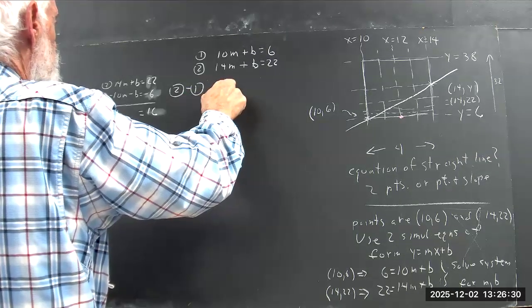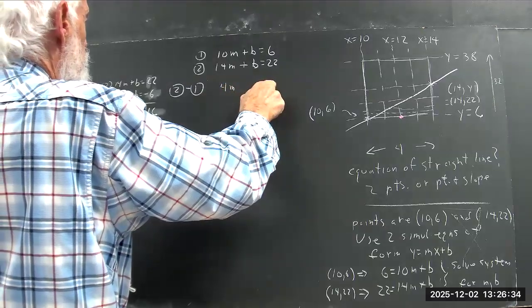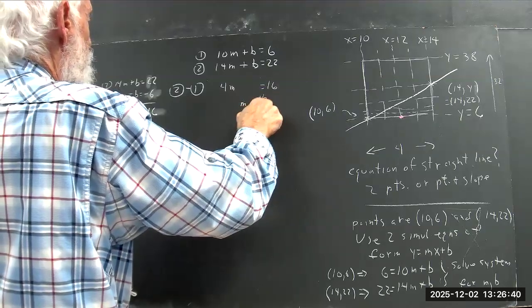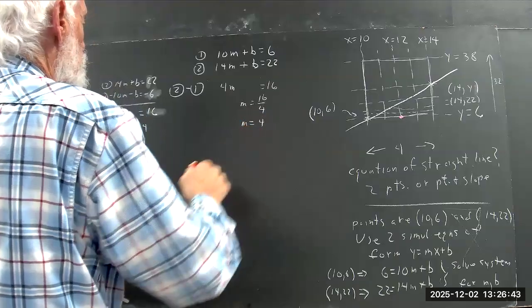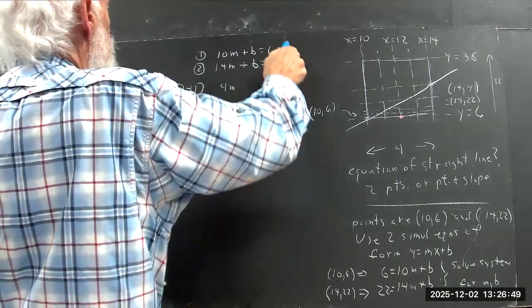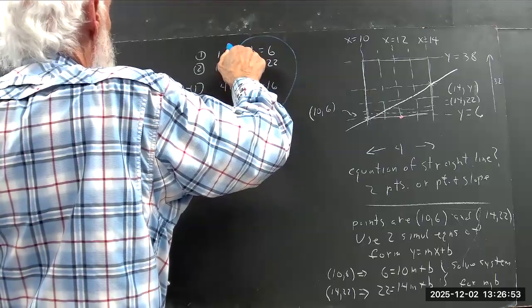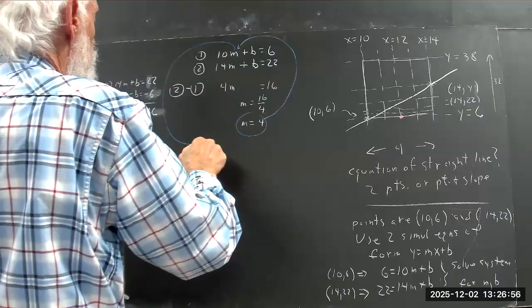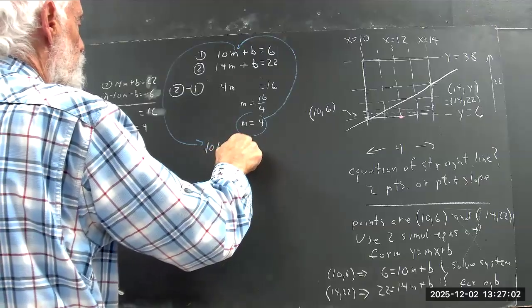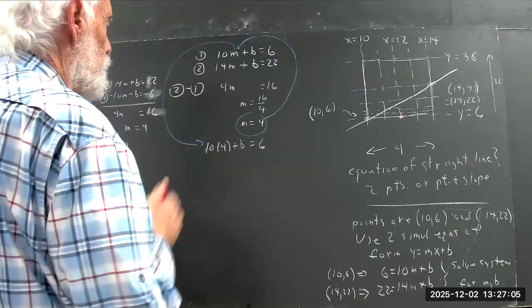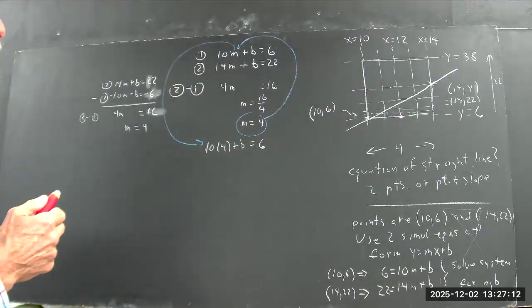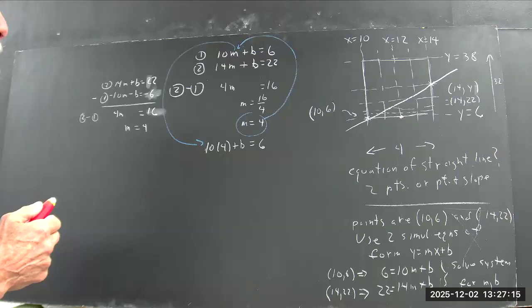So we get m equals 4. Plug that back in, and it gives us the equation 10 times 4 plus b equals 6. Something is a little bit amiss here.